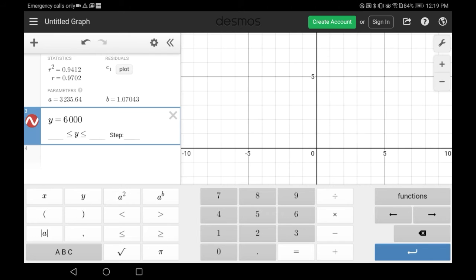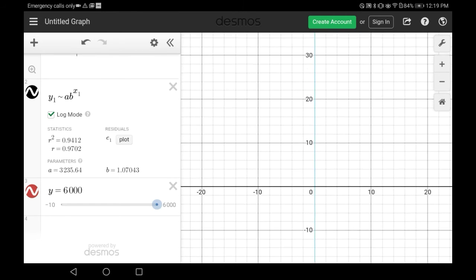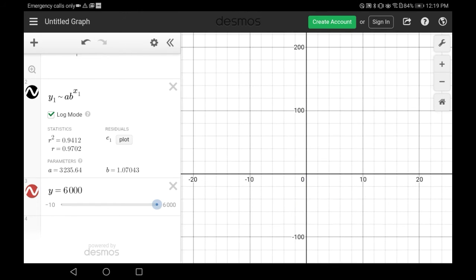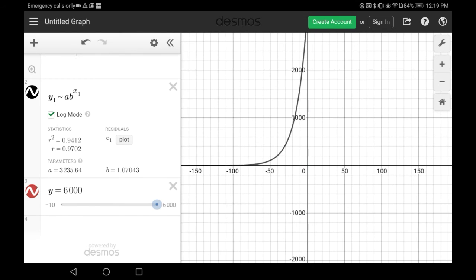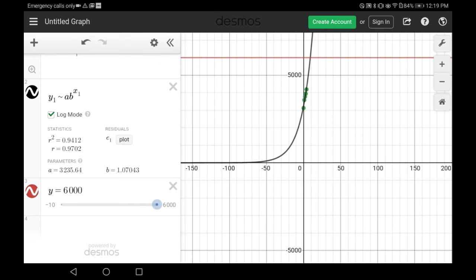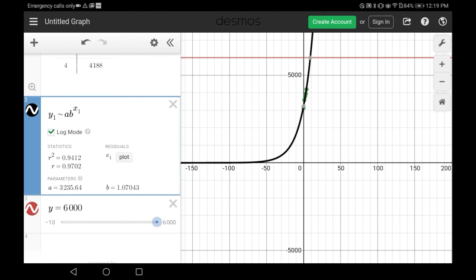So if I draw a horizontal line at 6,000, what is going to happen is that I will get the graph, right? I will get my graph, and I will have my intersection. The intersection of those 2 points will tell me the year when the tuition will be $6,000.